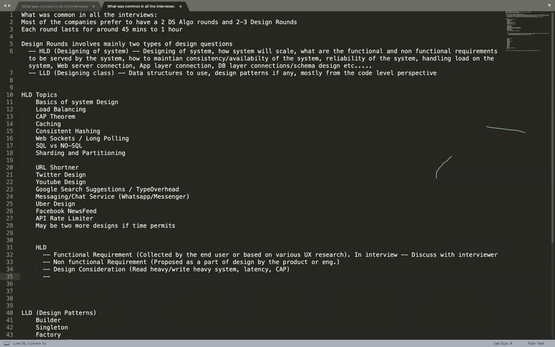Then comes your estimations. So basically, how much memory you will require, and we'll talk about memory, your threads, servers, scalability discussion, how long your system can survive.